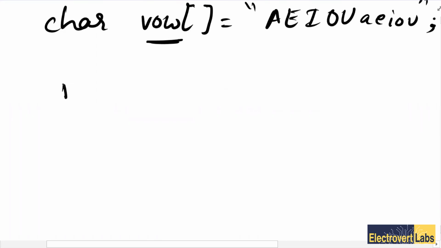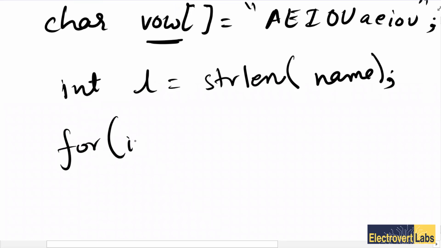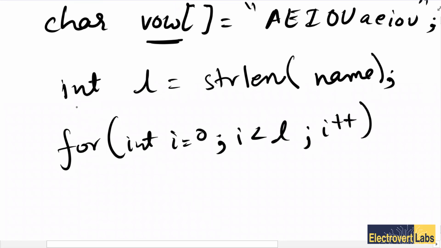First we need to find the length of the string, because we don't know how much data the user has input. This is needed only to run the loop. for int i equal to 0, i less than l, i plus plus. If you can't remember the length function, you can just run it till 50, because the size of our variable is 50, so no problem.